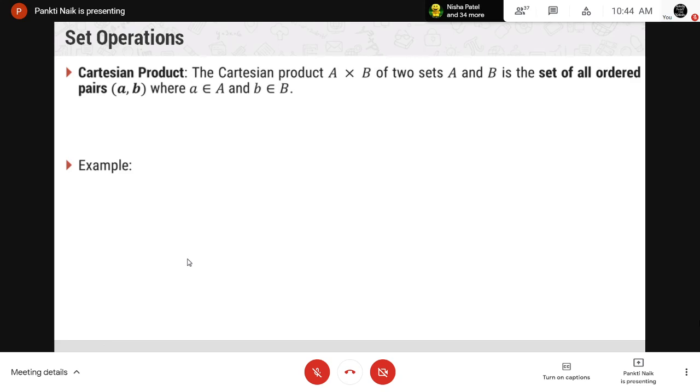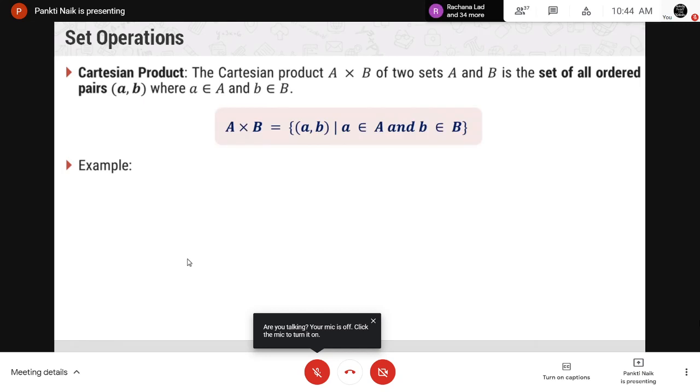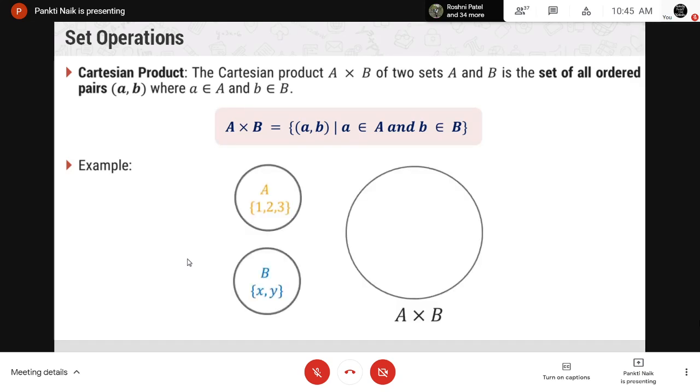Next is Cartesian product. A Cartesian product A cross B of two sets A and B is the set of all ordered pairs (a, b), where a is an element of A and b is an element of B. So A cross B equals (a, b) such that a is an element of A and b is an element of B. Consider one example.